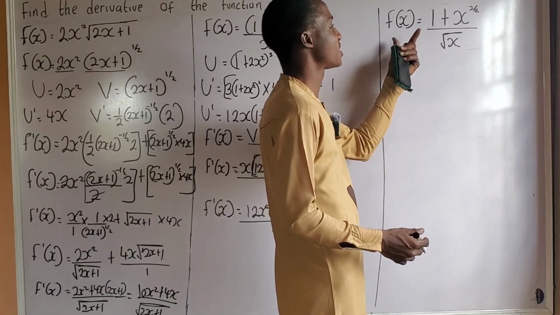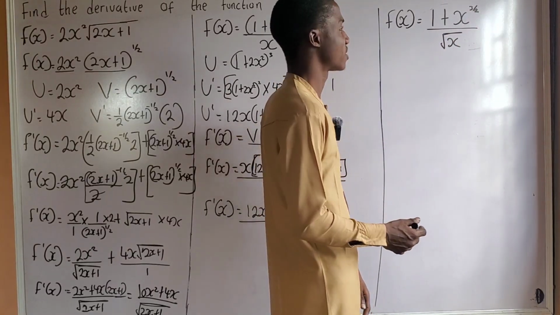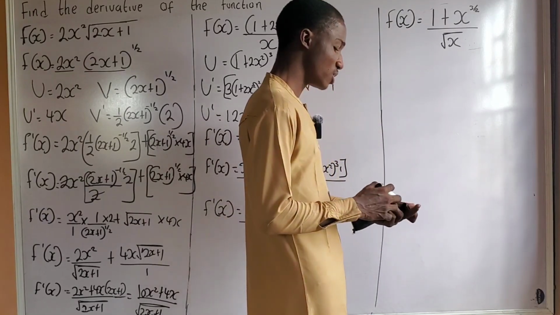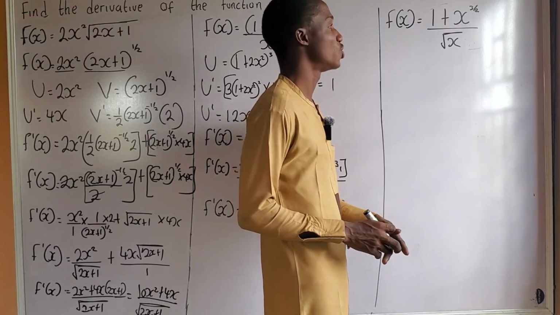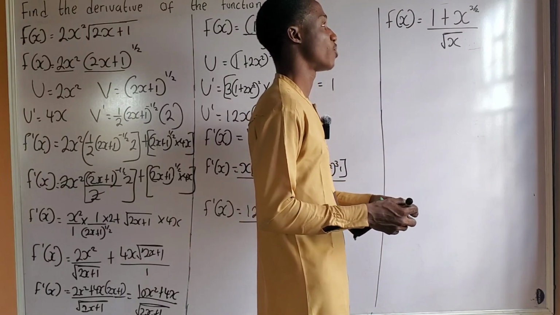We are asked to differentiate f of x equals 1 plus x raised to the power 3 over 2, all over the square root of x. You can do this in two ways. You can use the quotient rule, or you can simplify and then differentiate using the polynomial rule.